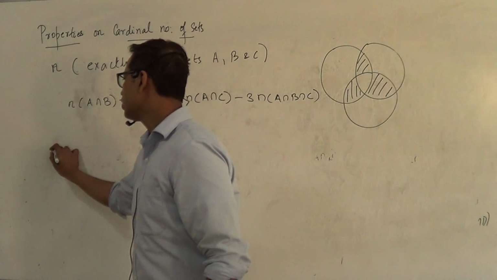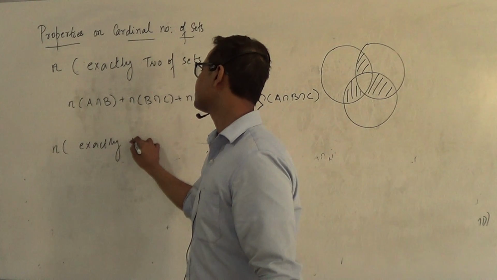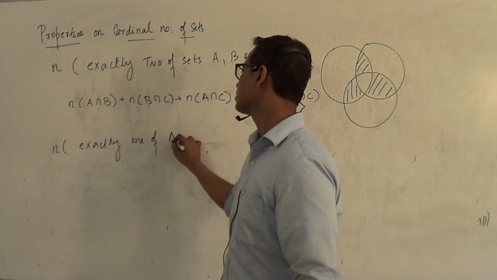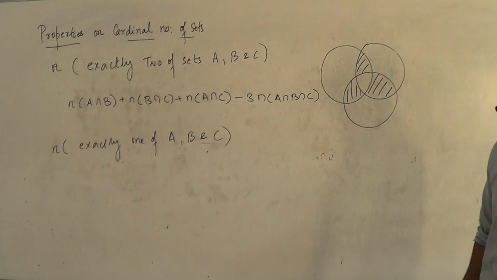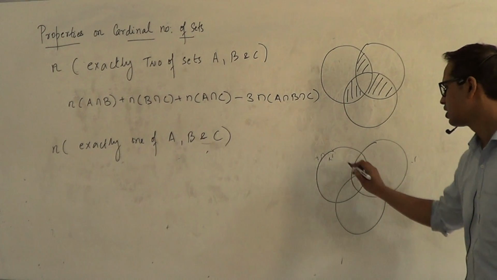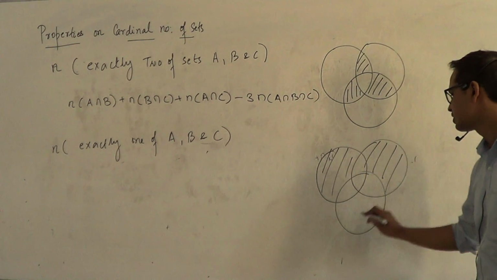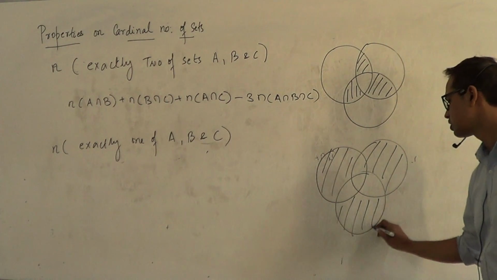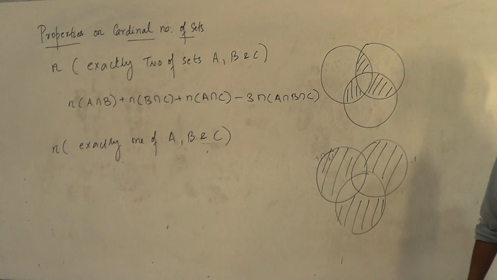Okay, let's find out the number of elements in exactly one of the sets. Exactly one is which diagram? It will be like this. This is falling in exactly one of the sets. So you just take N of A, N of B, N of C, and then subtract the expression from there.